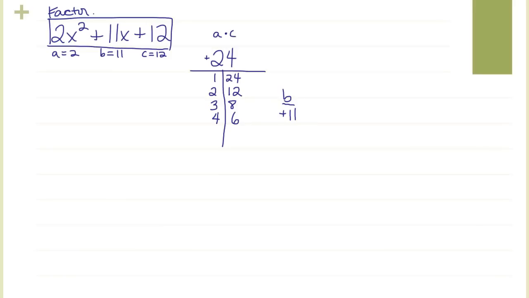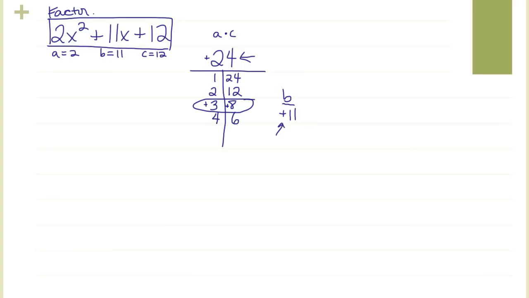They could all be positive because positive times positive gives me a positive, or they could all be negative because negative times negative would give me a positive. But because I'm trying to add up to a positive number, it's going to end up being positive 3 and positive 8, because positive 3 times positive 8 is positive 24, and positive 3 and positive 8 added together give me 11. So that's the pair.